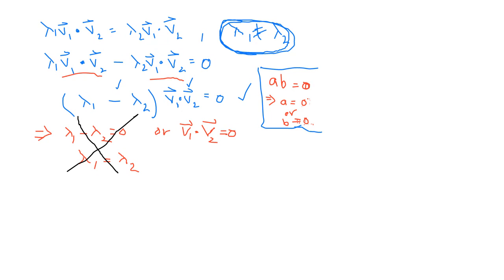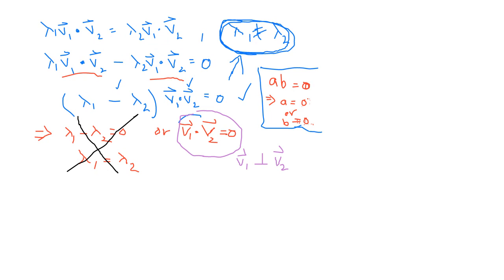And that's for this symmetric matrix A. So it turns out that because of our hypothesis, the only option we have is that the dot product of V1 and V2 equals 0, and that means that V1 is orthogonal, it's perpendicular to V2.